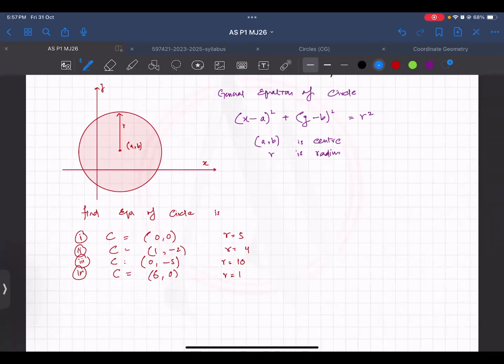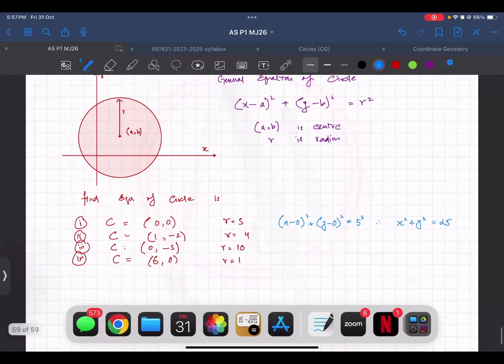So look, if I told you in the first case your center is 0, this means your value of a is also 0, the value of b is also 0. In the general form, if you replace them, this would become (x minus 0) whole square plus (y minus 0) whole square is equal to 5 square. Simplifying, we get x square plus y square is equal to 25.